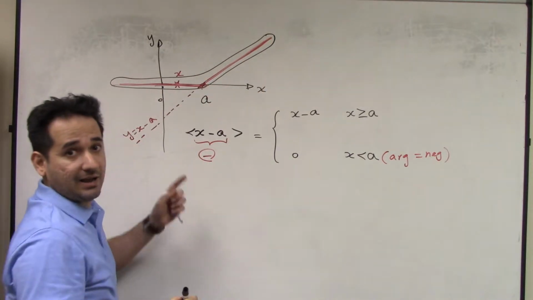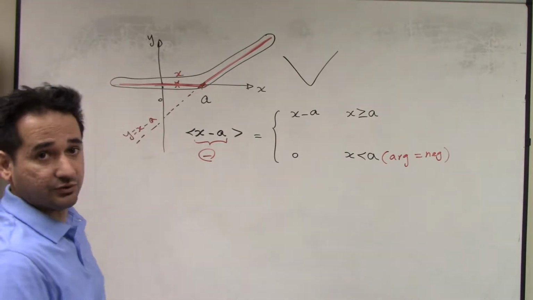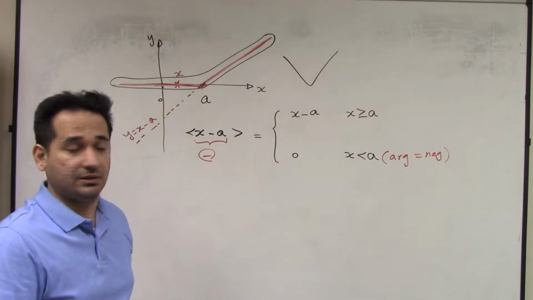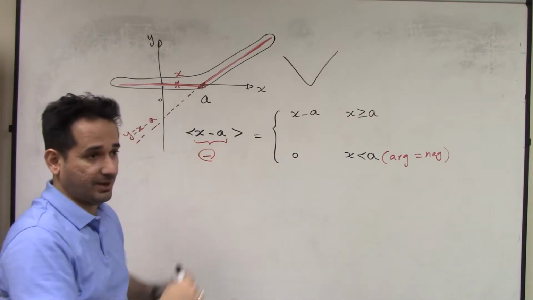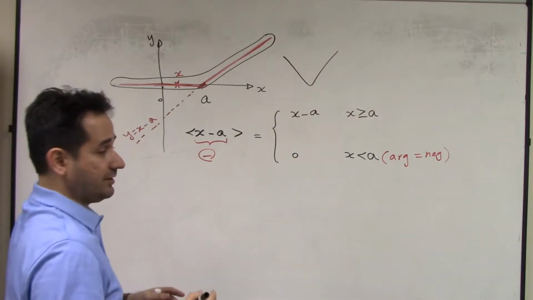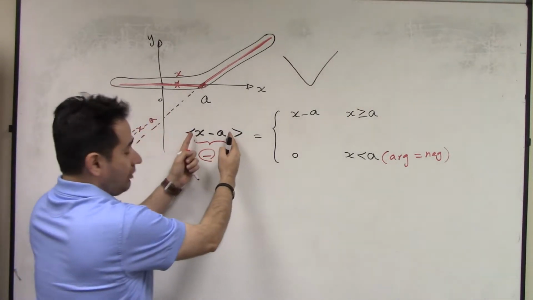It's kind of like absolute value. It has a sharp point. So this is a general thing. It doesn't have anything to do with the beam. This is just mathematics. Every time we want to evaluate the Heaviside function, you just look at the argument.